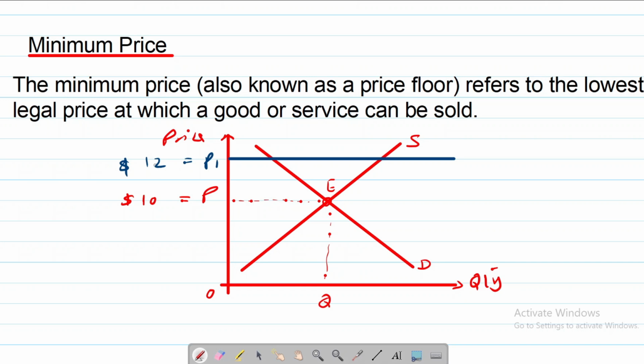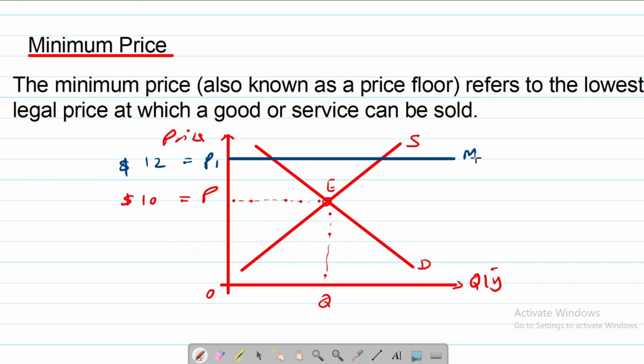If people don't purchase at $12, then government itself will buy goods from the farmers and put them in the buffer stock. Buffer stock is basically a storage house or warehouse formed by the government to store extra supplied goods in the market.